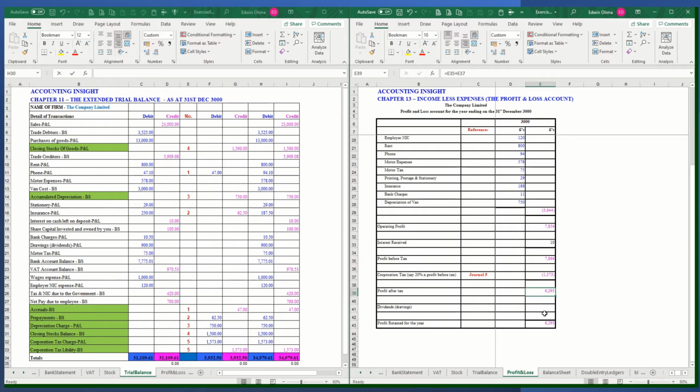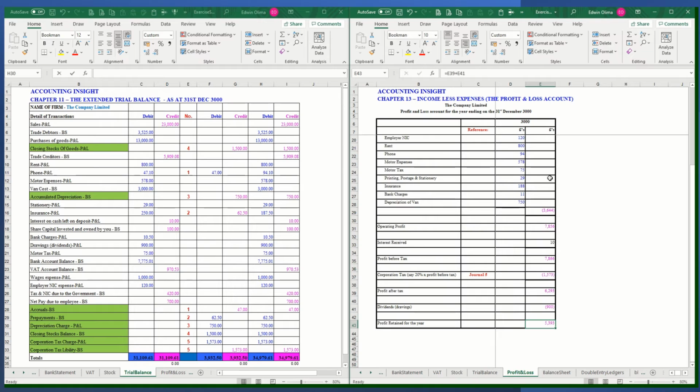6,293. And the final thing to put in is the drawings or dividends that the owner has taken out of the business. In this case, there it is, £900. Deduct that, and you're now left with a retained profit for the year of £5,393.